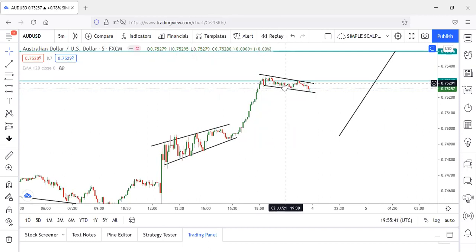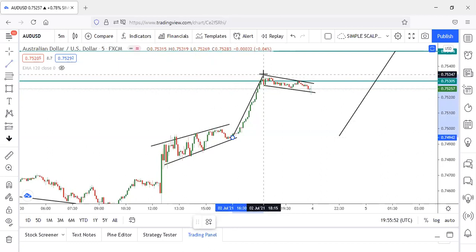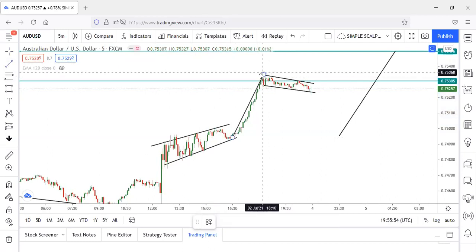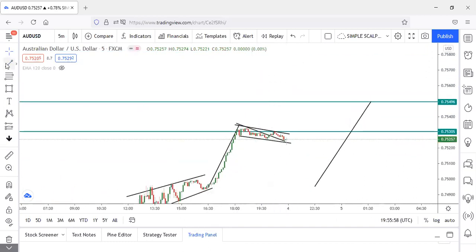And look at the pattern we are having at the 50% level. This is a continuation pattern, which means the market pulls up, reverses, and then the continuation is going to come.